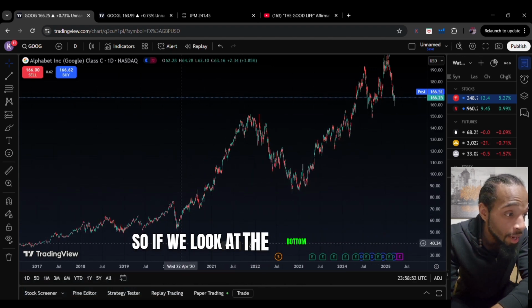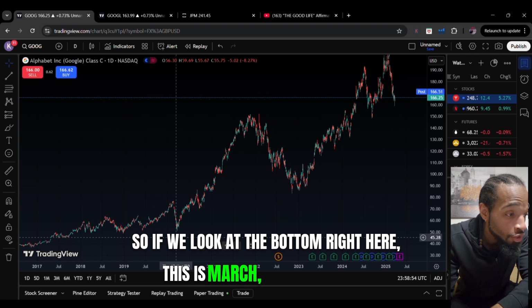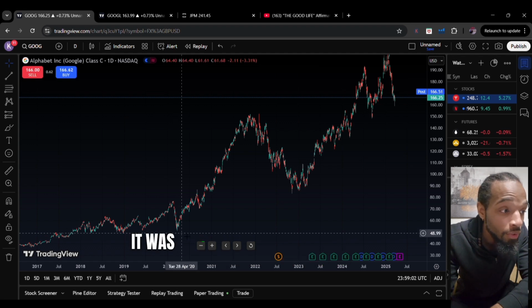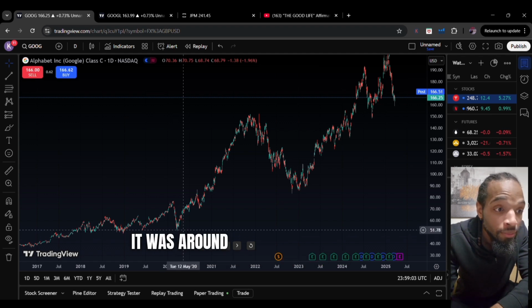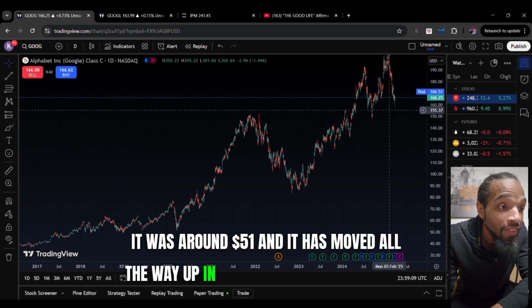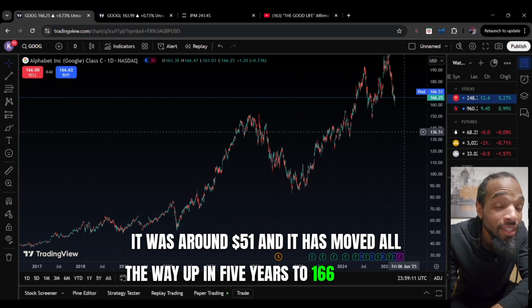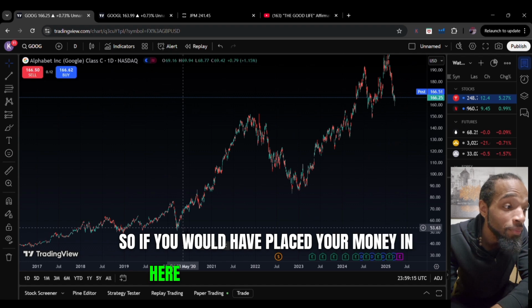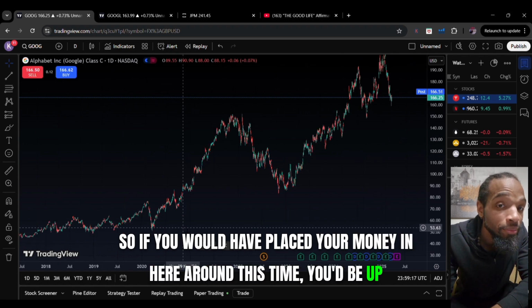If we look at the bottom right here, this is March 12th, 2020, so this is 5 years ago. It was around $51, and it has moved all the way up in 5 years to 166 currently. So if you would have placed your money in here around this time, you'd be up.